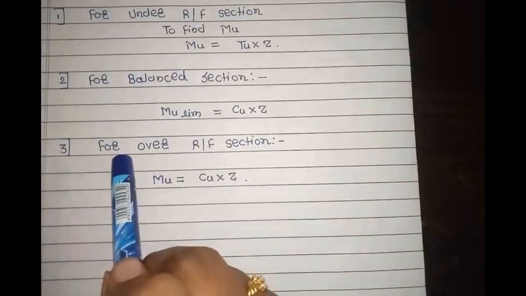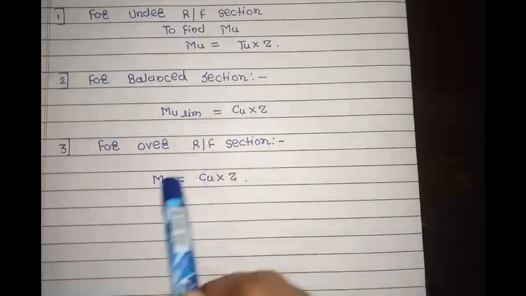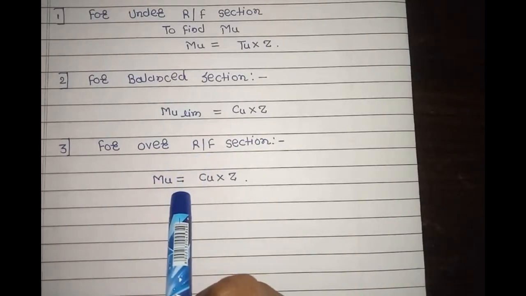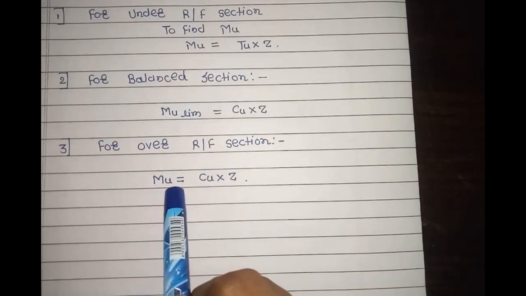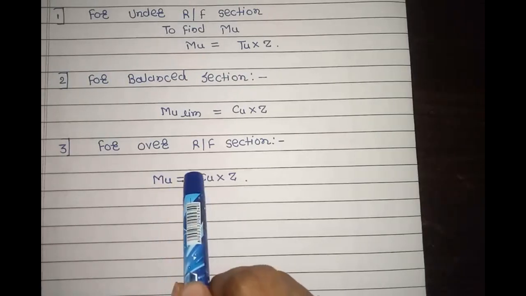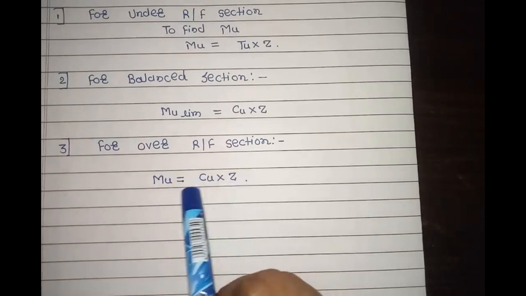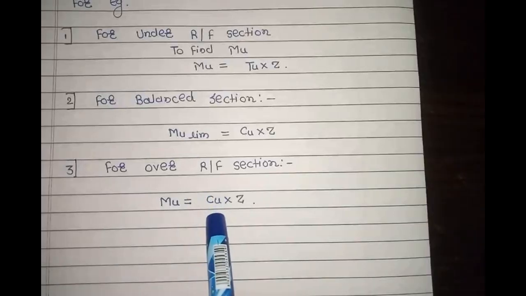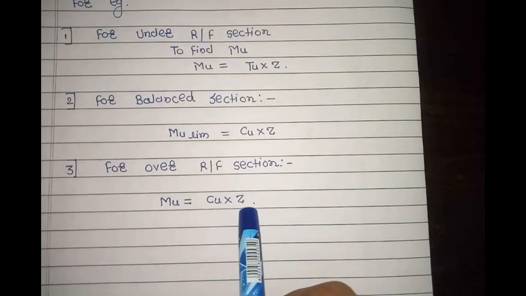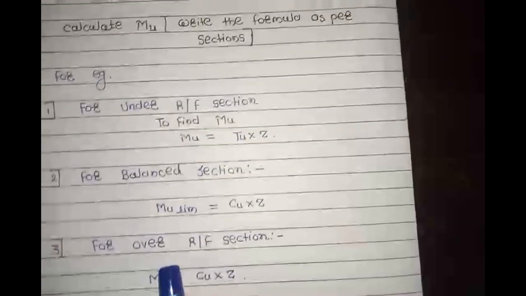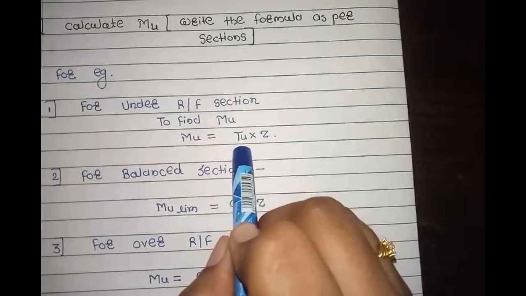Then third, for over reinforced section, moment of resistance is calculated by formula Cu into Z. Cu is the compressive force, Z is the lever arm between the sections, Tu is the tensile force.